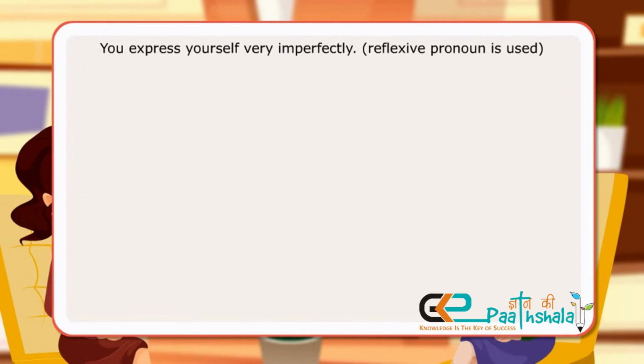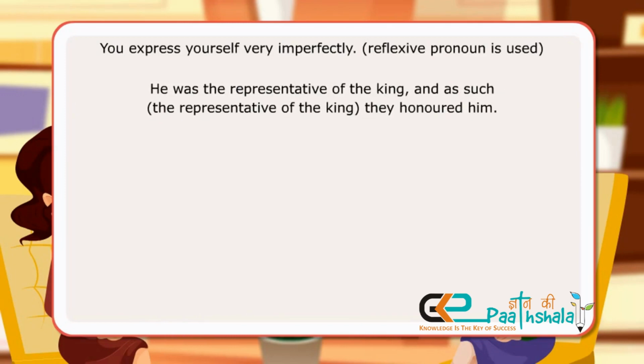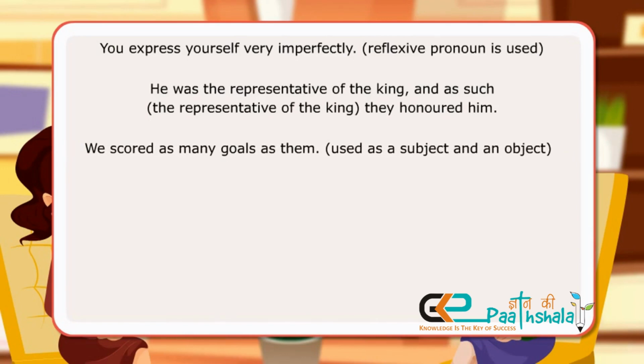You express yourself very imperfectly. Reflexive pronoun is used. He was the representative of the king, and as such, the representative of the king, they honored him. We scored as many goals as them, used as a subject and an object.